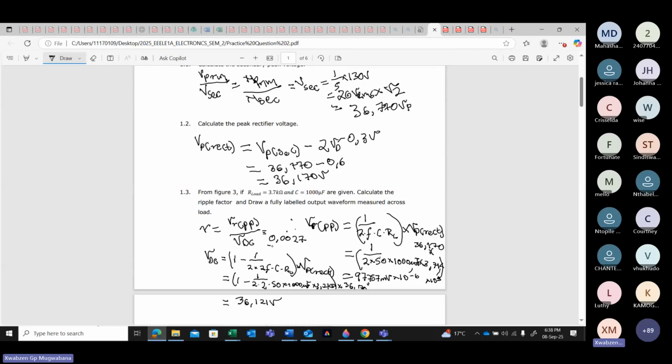It's written as a decimal. So if you want to convert it into a percentage, you must multiply this by 100, and then it's going to give you the percentage. Either you write it in percentage or you write it as a decimal, I'll give you full marks, because remember, the factor doesn't have a unit.